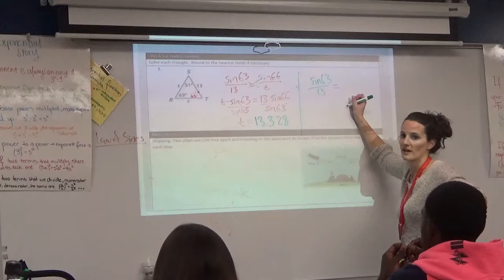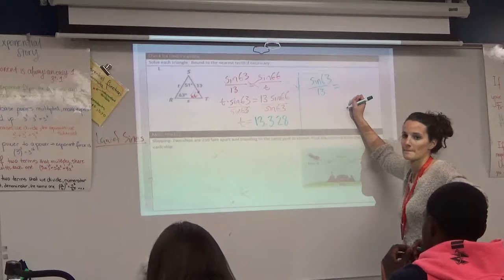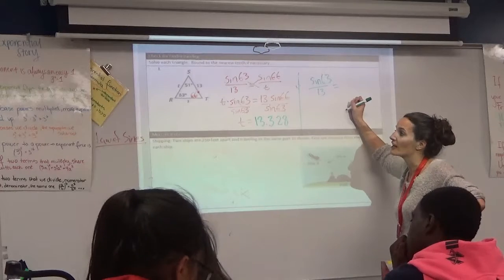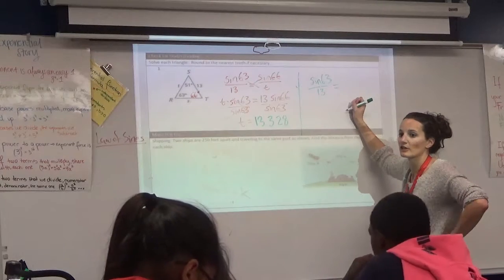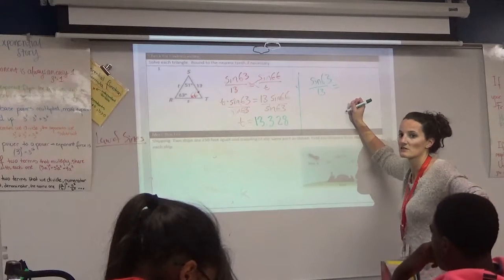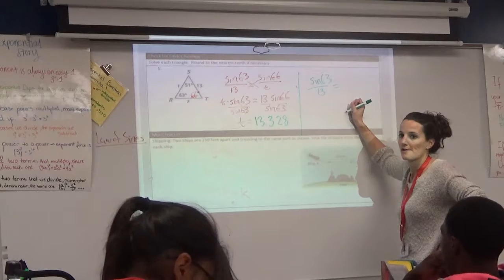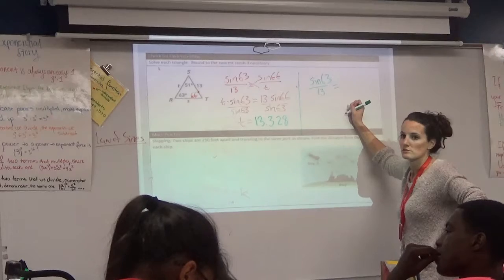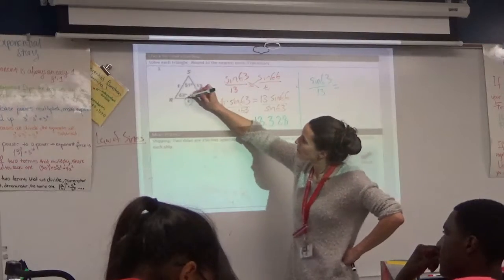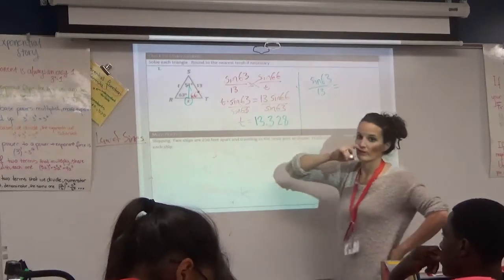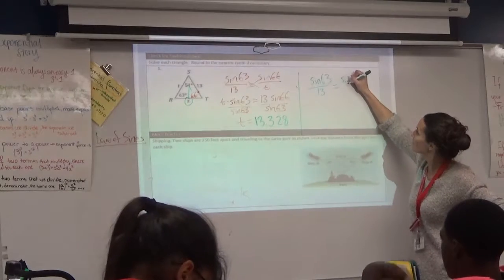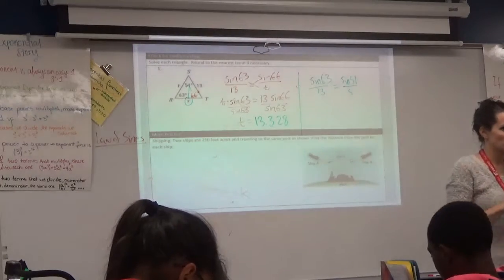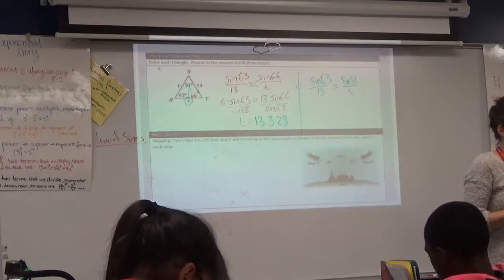Which angle goes with S? Look at side S, and then we're looking across from it. Here's S. Which angle goes with S? 51, so we're going to say sine of 51 over S. That's what we should be solving when we do our cross multiplication.